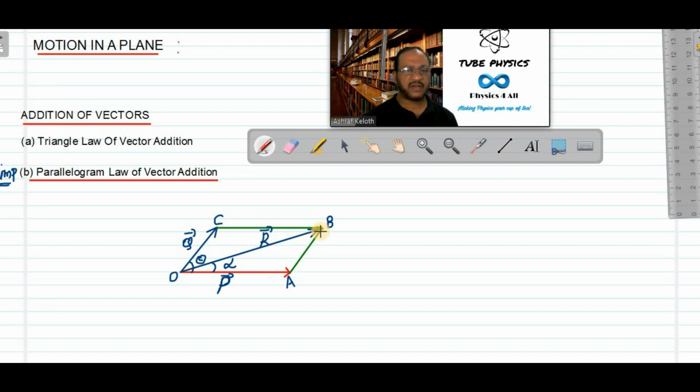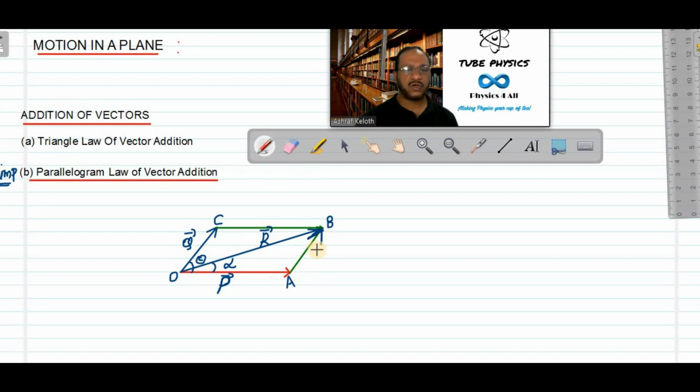What are the conditions for two vectors to be equal? Same length, same direction. So here OC and AB have the same length and the same direction, so they are equal vectors.